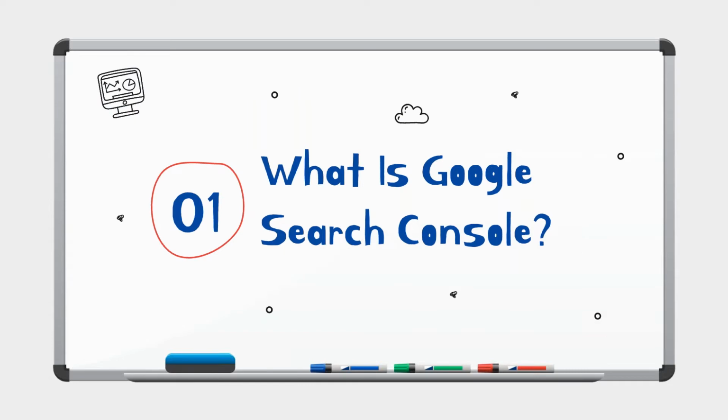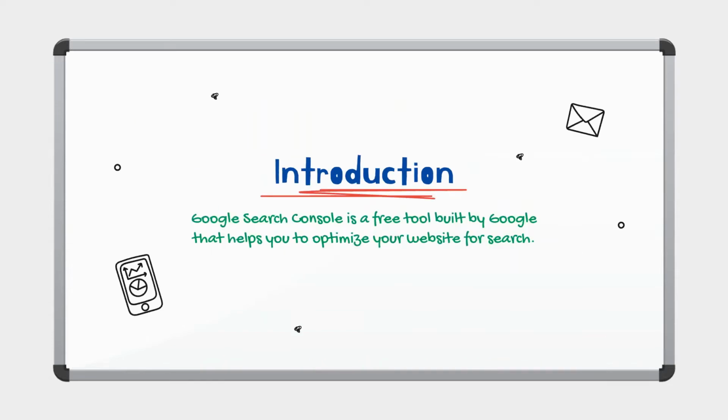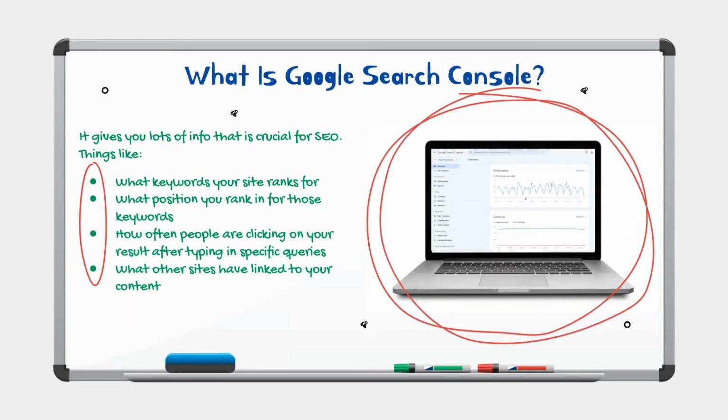All right, so what is Google Search Console? It's a free tool that was built by Google that helps you optimize your website for search. There's a couple of things that are really important about it, but that's the 40,000-foot aerial view of what it is. It gives you lots of information that is crucial for SEO.